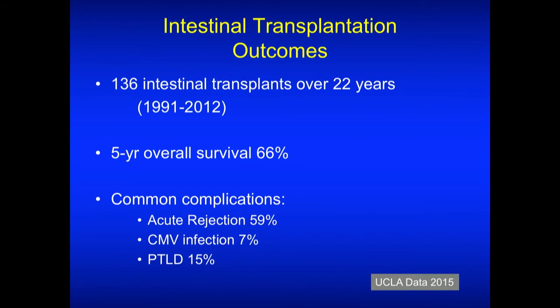However, complications are common. They include rejection, which occurred in almost 60% of the patients. CMV is a virus that can cause infections in transplant patients, and that caused infections in 7% of the patients. Post-transplant malignancies are actually rather common after intestinal transplantation and occurred in about 15% of our patients.